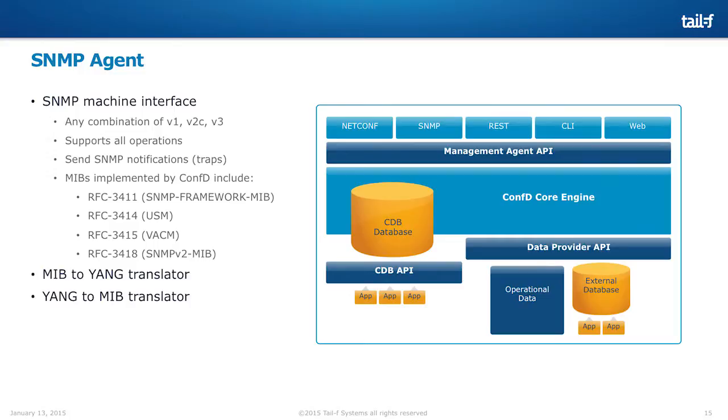You can do puts, you can do gets, you can generate traps and informs, etc. ConfD includes the MIBs that are involved with running the SNMP agent, things such as USM, VACM, target MIB, community MIB, etc. Things such as instrumentation MIBs, such as, say, MIB2, IP MIB, interface MIB, etc., are implemented externally from ConfD and are provided via other add-on solutions for ConfD.